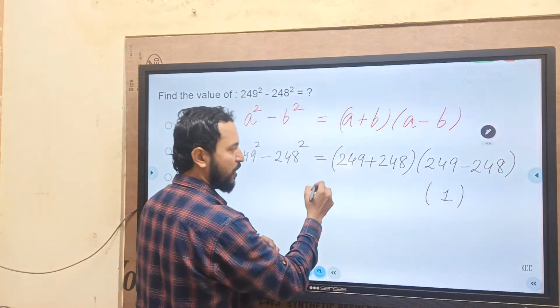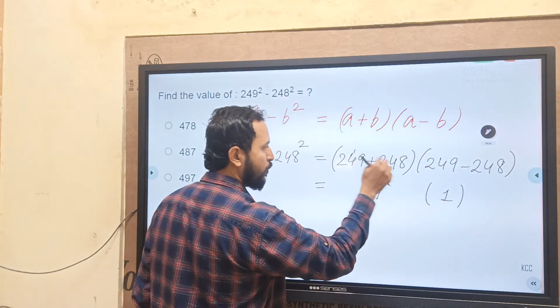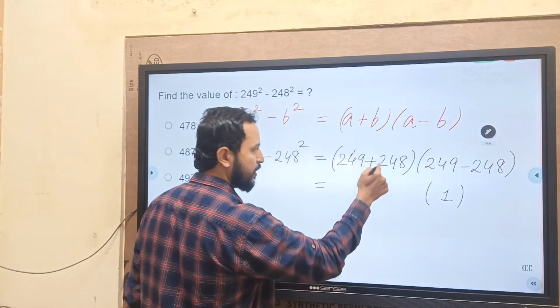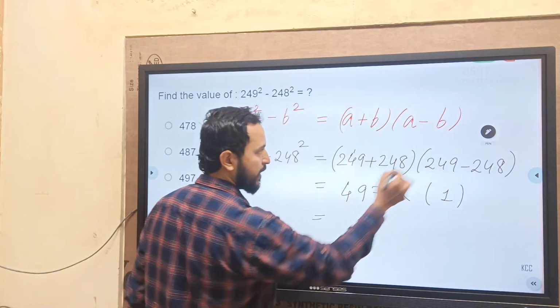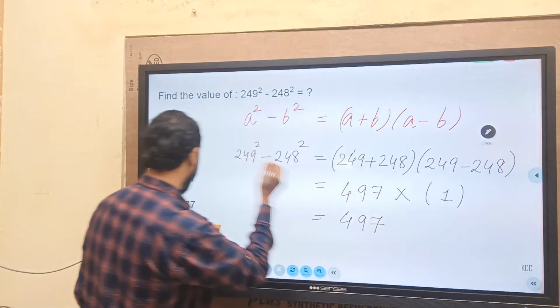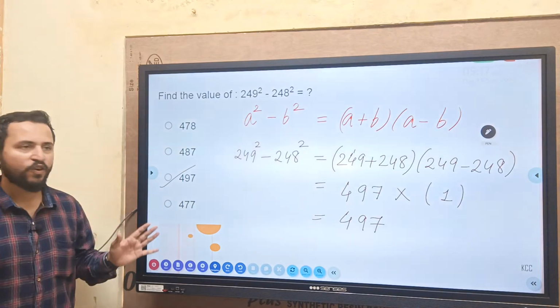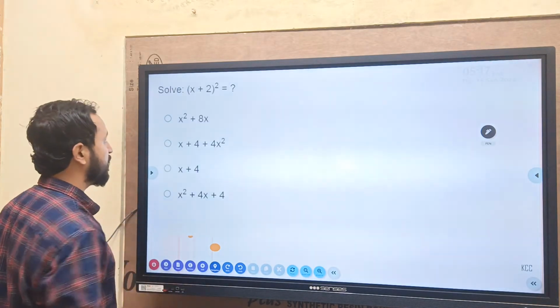Just add these two now. 8 plus 9 is 17, 4 plus 5 is 9, 2 plus 2 is 4, 497 into 1. 497 is the answer for this question. A square minus b square formula you have to remember.